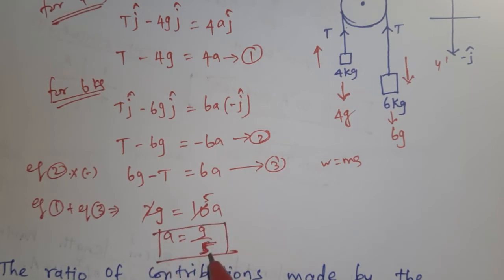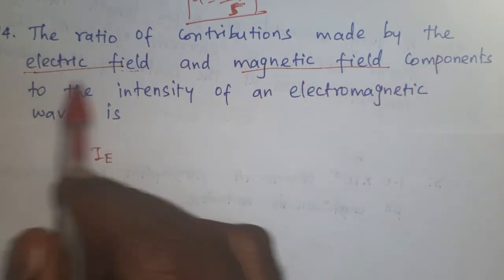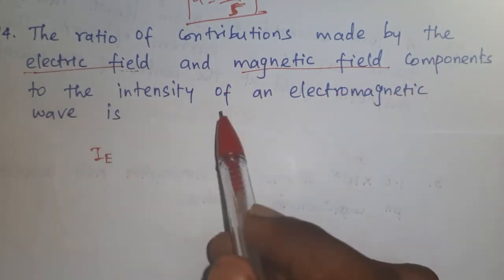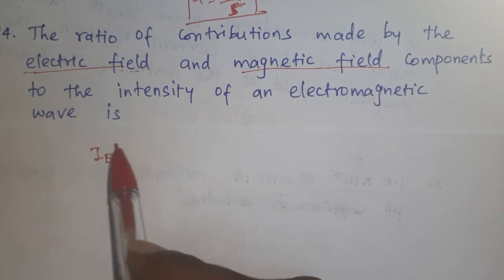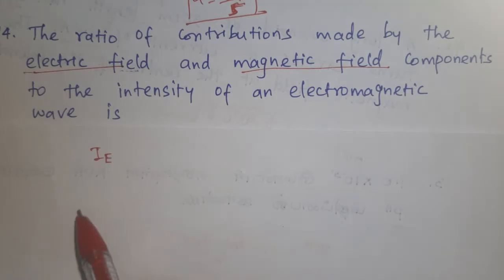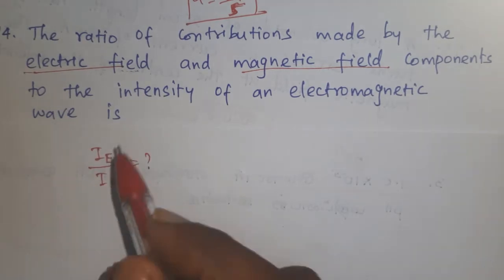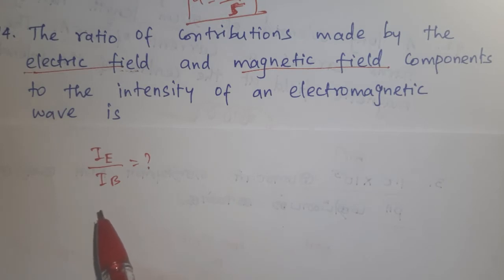This is the answer. Number 94. The ratio of contributions made by the electric field and magnetic field components to the intensity of an electromagnetic wave is. So we have to find the ratio of intensity of electric field and magnetic field, so IE by IB we have to find out. Already we know that electromagnetic wave energy is equally divided into electric energy and magnetic energy.